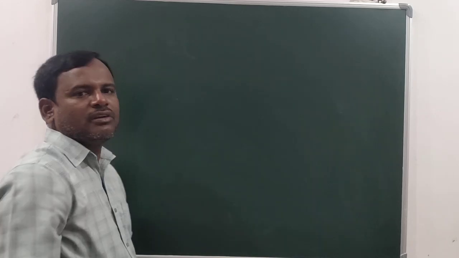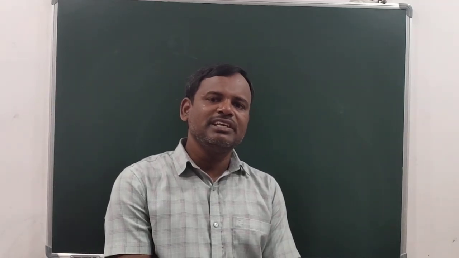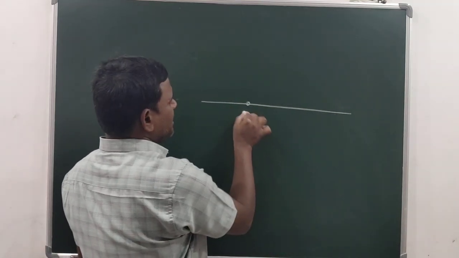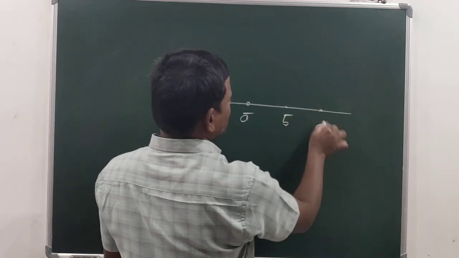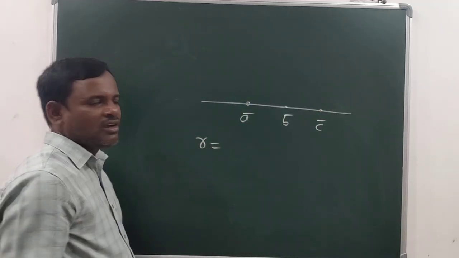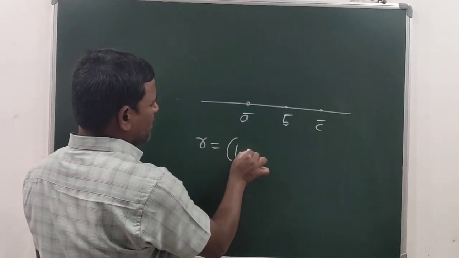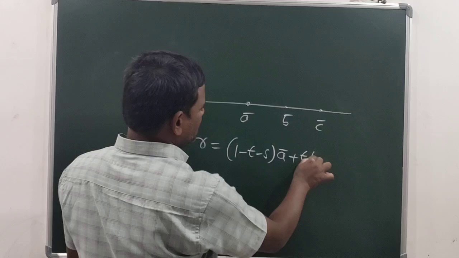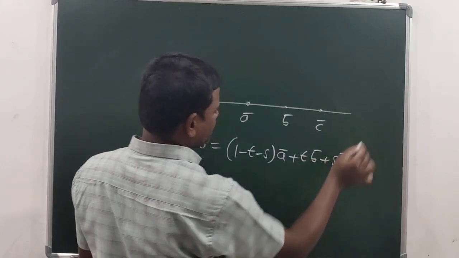Now find the equation of a vector which passes through three points A, B, C. Three are given, then use this formula: R equals (1 minus T minus S) A bar plus T B bar plus S C bar.